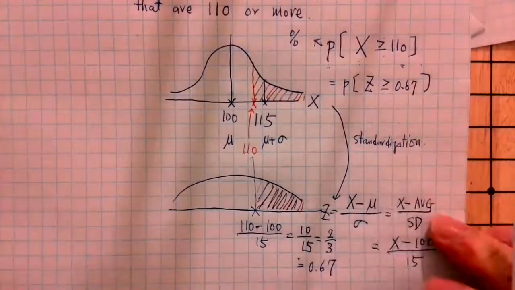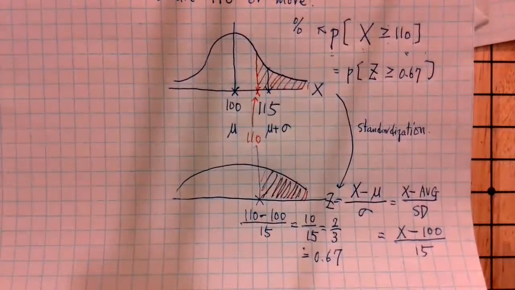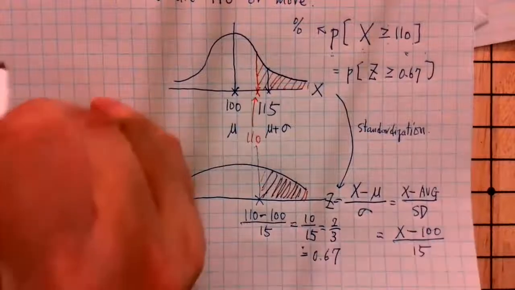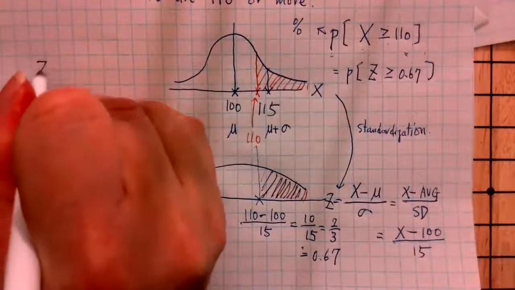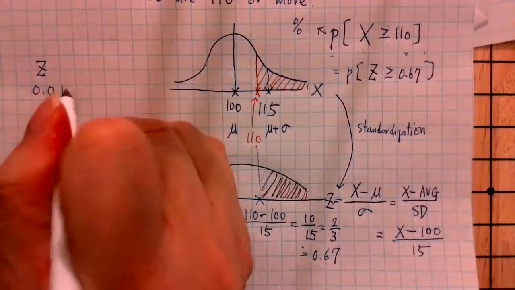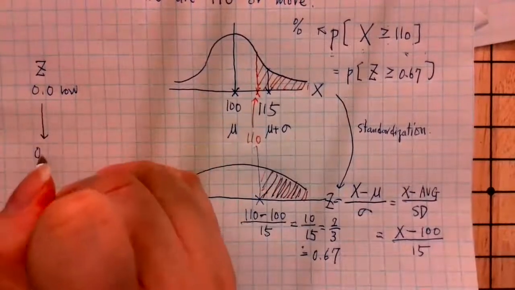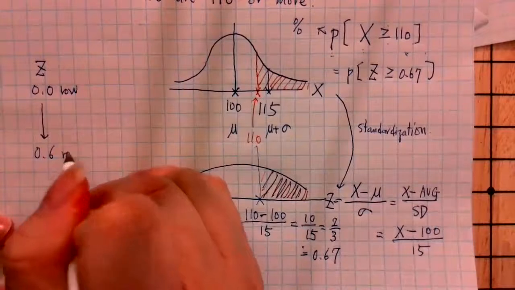When you convert to standard normal, then we can go ahead and use the standard normal table. And this is how the standard normal table works. It begins with z-score here, 0.0 row. Then you move down, you start when you see 0.6 row.